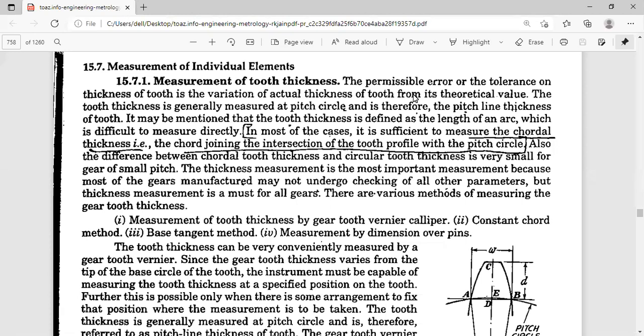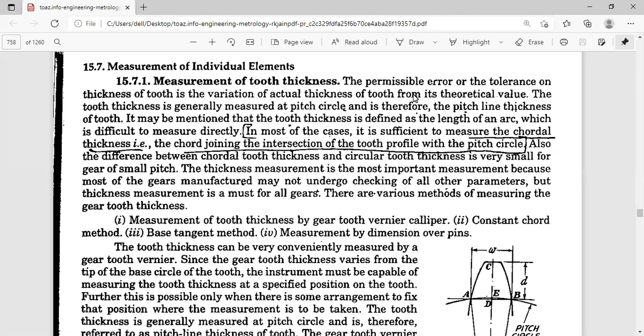Here, the tooth thickness, as already discussed, is measured at the pitch circle, and that is the pitch line thickness of the tooth. What is the tooth thickness? It is defined as the length of an arc, so we cannot measure it directly. So we first derive the chordal thickness, and then the formula is there.